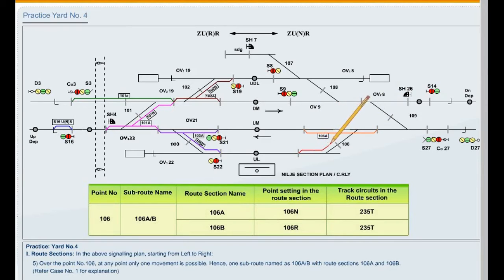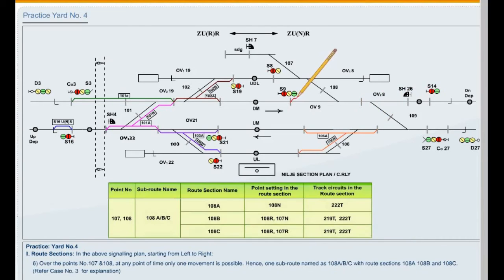Hence, one subroute named as 106A by B with route sections 106A and 106B. Over the points number 107 and 108, at any point of time, only one movement is possible. Hence, one subroute named as 108A by B by C with route sections 108A, 108B, 108C.